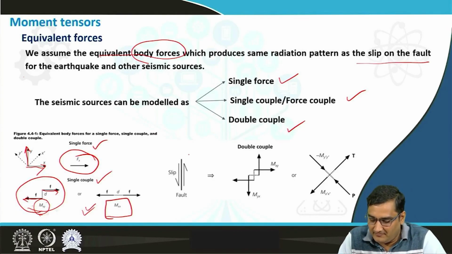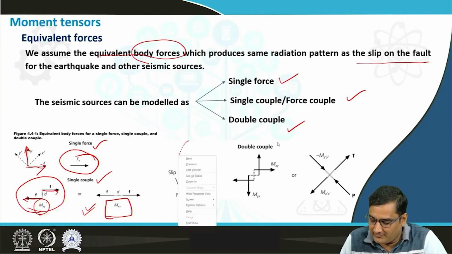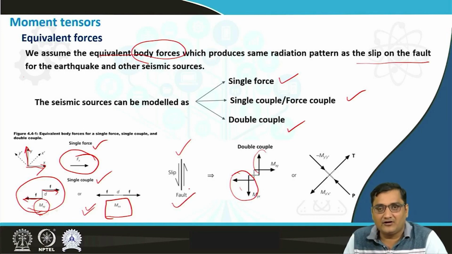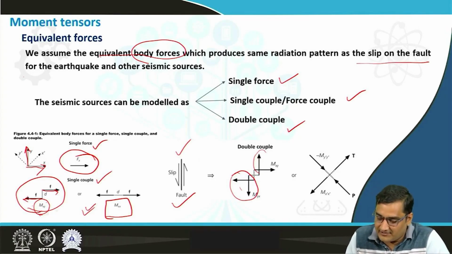Let's take an example of a fault for the double couple. The double couple will be represented by two single couples, or you can say a couple of two single forces and another couple of two single forces. And this is a fault which is a left lateral strike slip fault. Why I am saying it is a left lateral strike slip fault, we have discussed in our previous lectures.